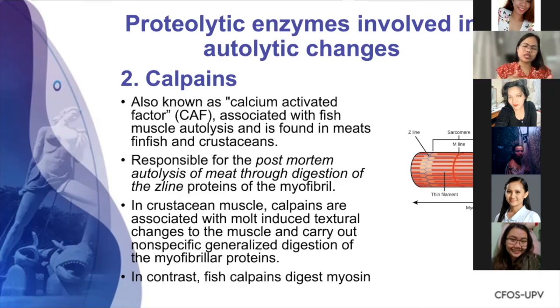And then eventually, after a while, they will again develop a shell. So, importante sa shrimp and some other crustaceans yung high amount of calcium carbonate in the water for them to be able to form again their hard shell. Ayun. Okay.